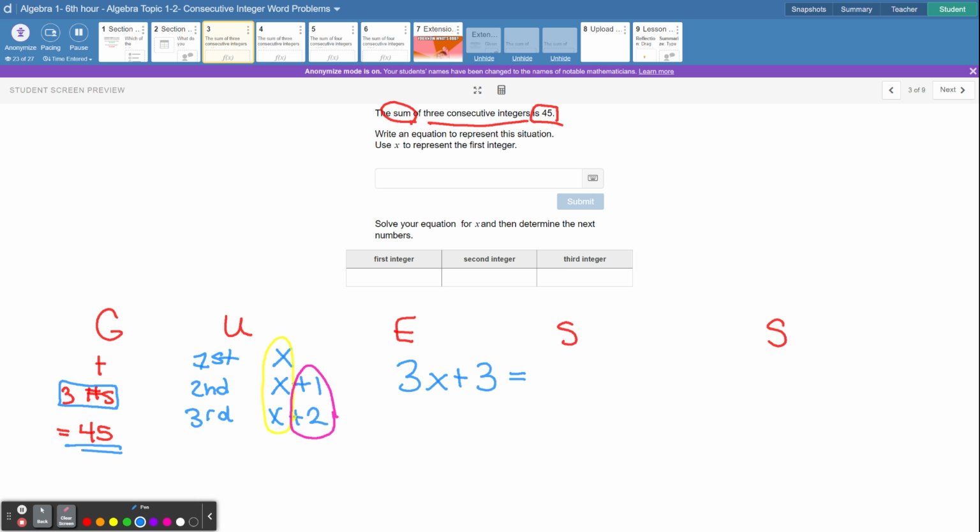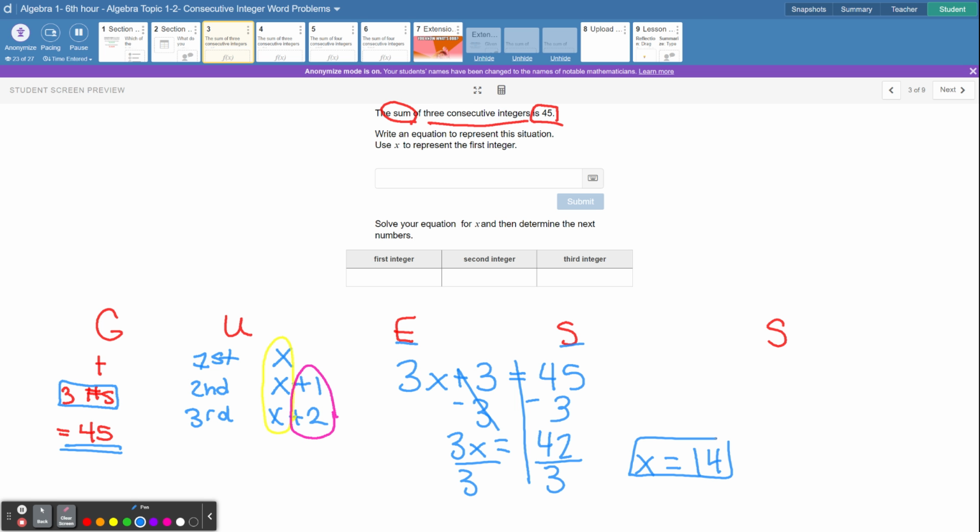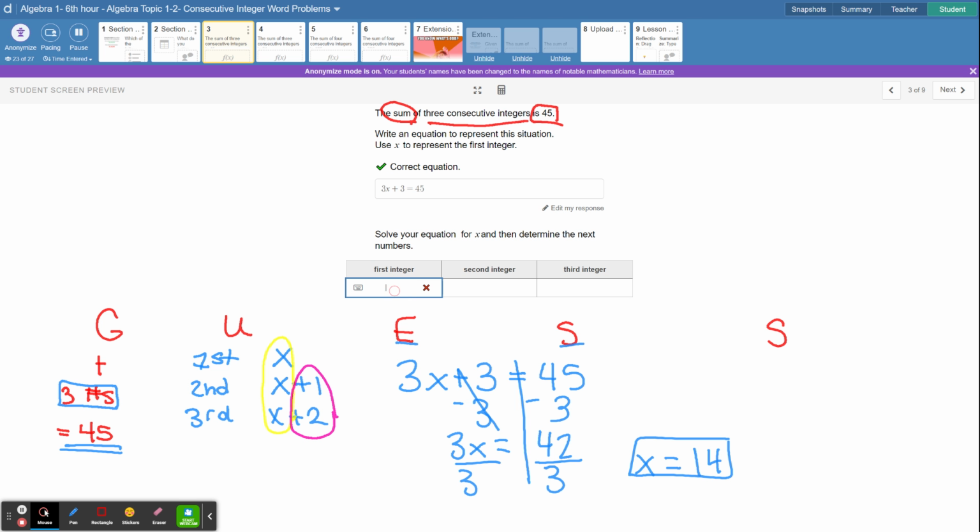Now if you come back to the given, it says it equals 45. E stands for equation, S stands for solve. So we're going to minus 3 on both sides. It's a 2-step equation. And then we're going to divide by 3. In this case, our x is going to be 14. So the equation that we wrote was 3x plus 3 equals 45. Our first integer is going to be 14.